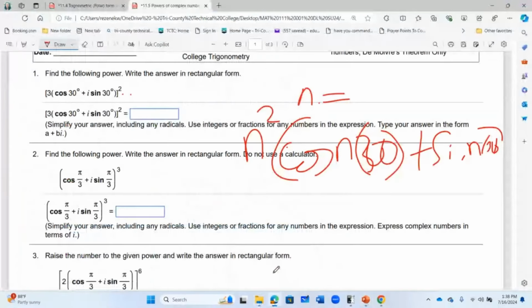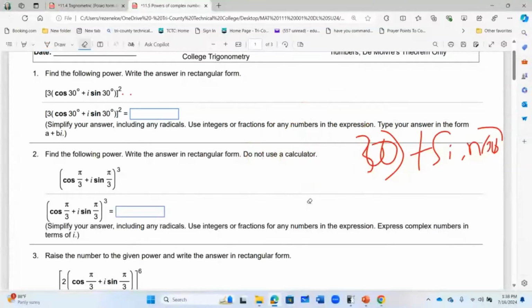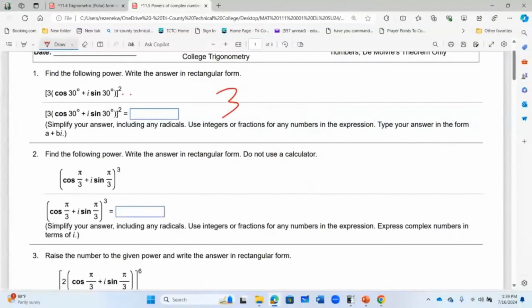So we already know how to do number one. So let's do number one again, even though we know how to do it. So we are squaring. According to the Moivre's theorem, we square the modulus, and we multiply the angle by the power.